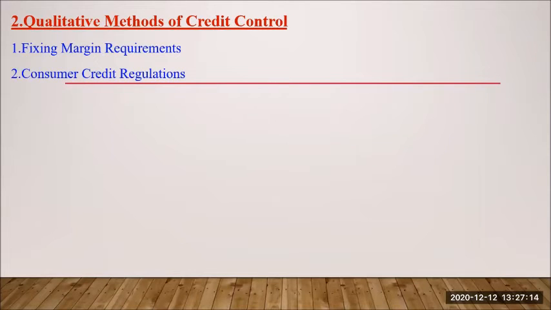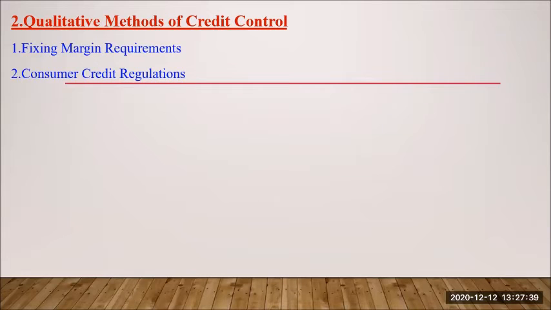In advance only, the commercial bank will inform you what the amount of down payment is, what the installment amount is, what the term of the loan will be. That all will be decided in advance. After that, the loan will be provided.